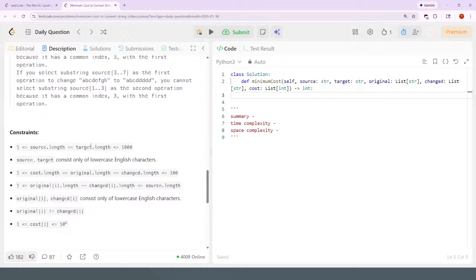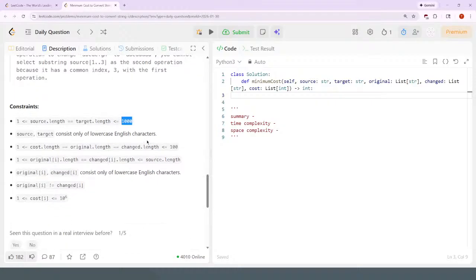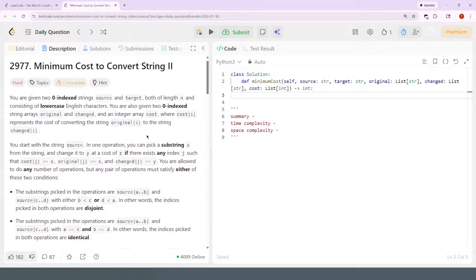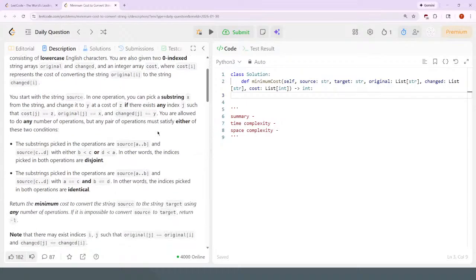So it's 1,000 length. This feels like dynamic programming, maybe. So you either convert or you move on. You either convert or move on.